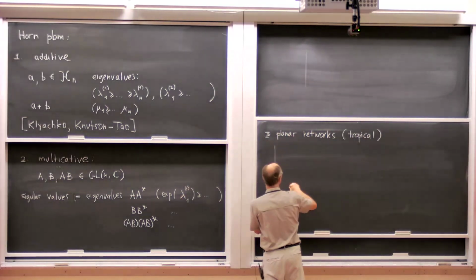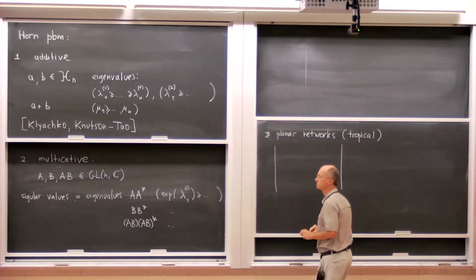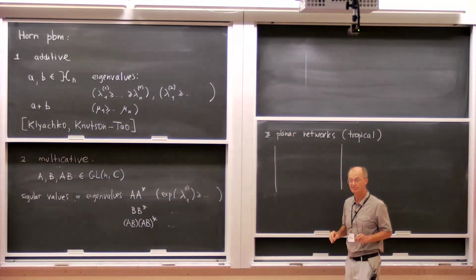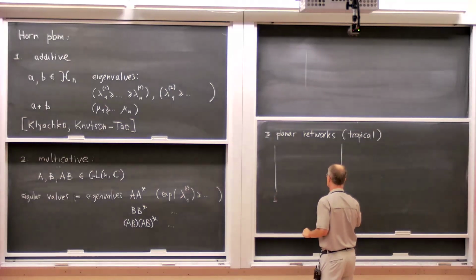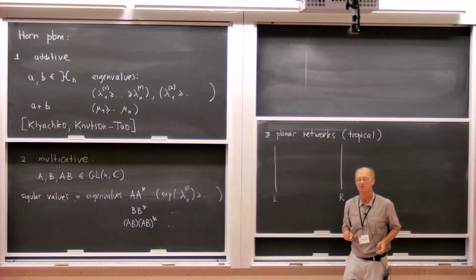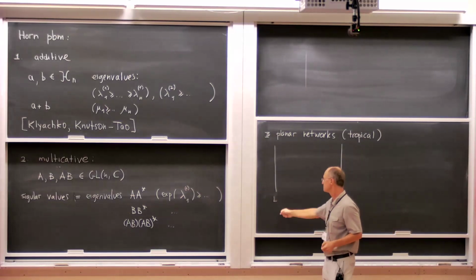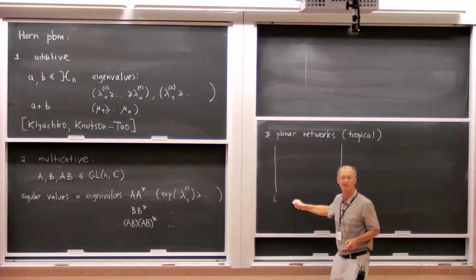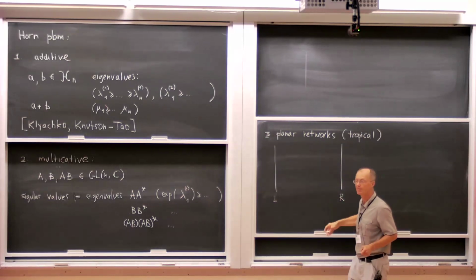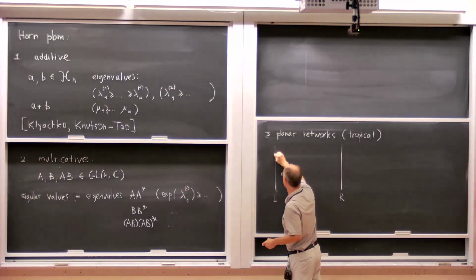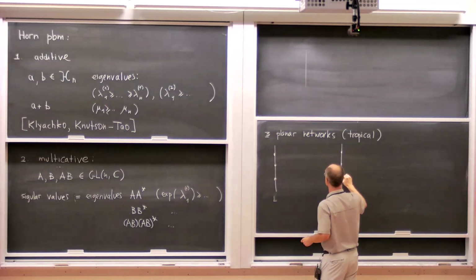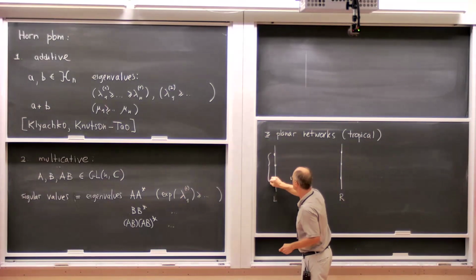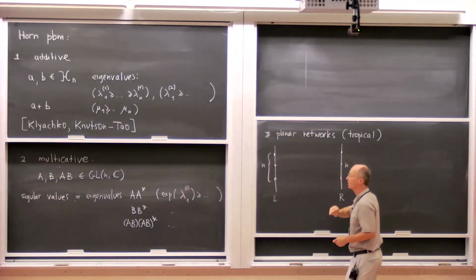So first of all, let me recall that planar networks, these are planar graphs which are located between, let's say, two vertical lines on a plane. So this is the vertical line L, and that's the vertical line R. And so we place n sources on L and n sinks on R.